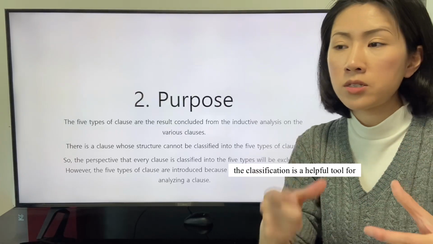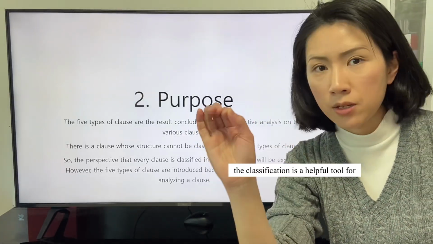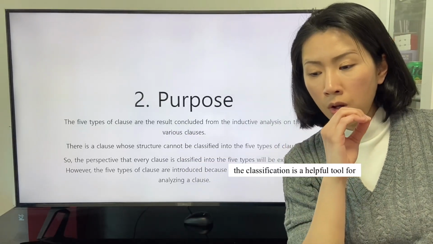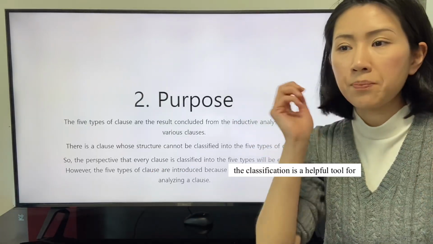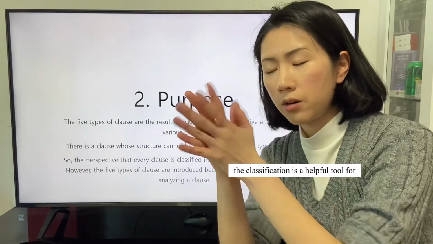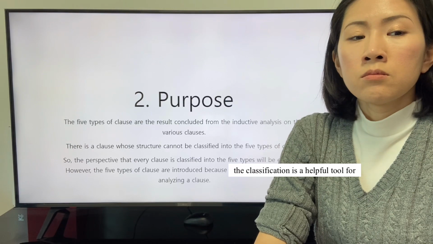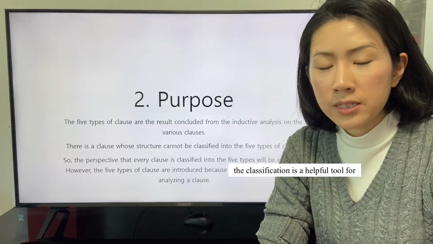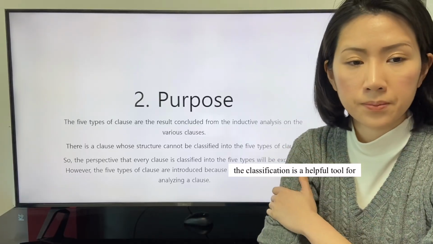That is the clause stated from the perspective of the indirect object, from the 4th type of clause, to describe the subject, direct object, indirect object relationship. So, the perspective that every clause is classified into the 5 types will be excluded.